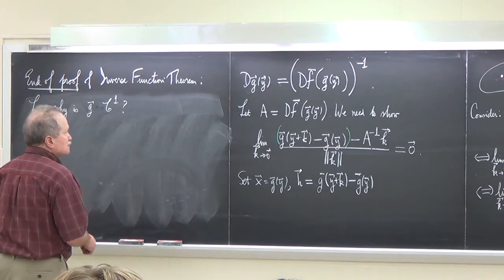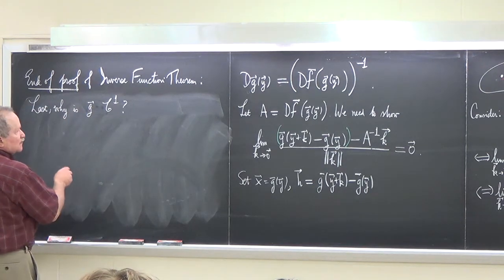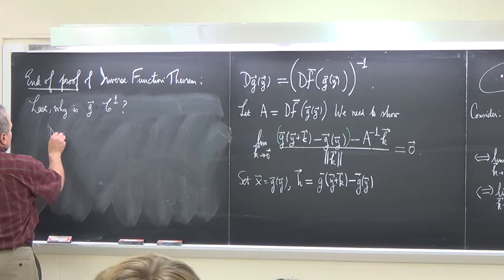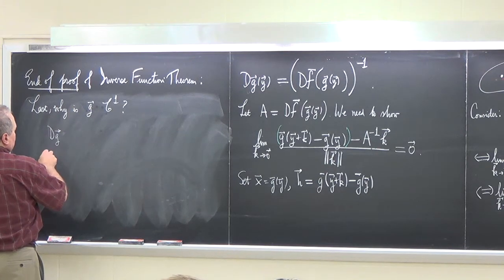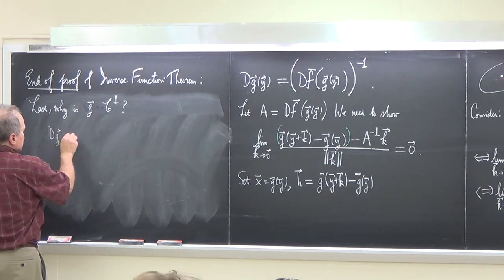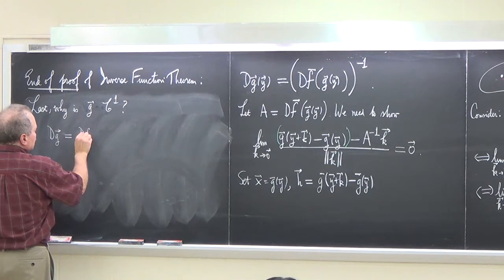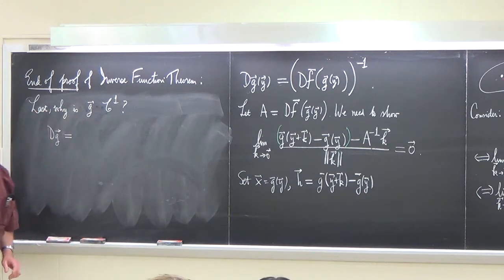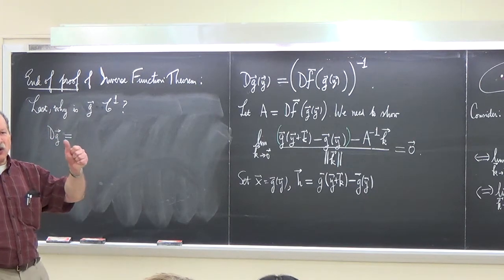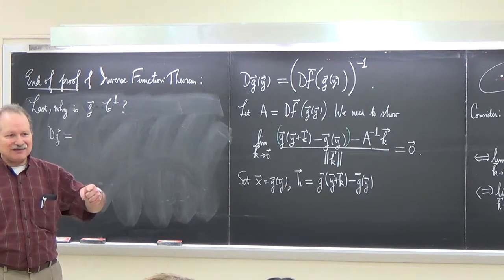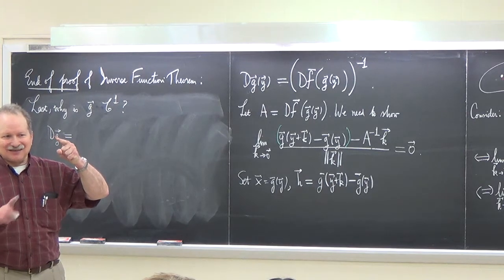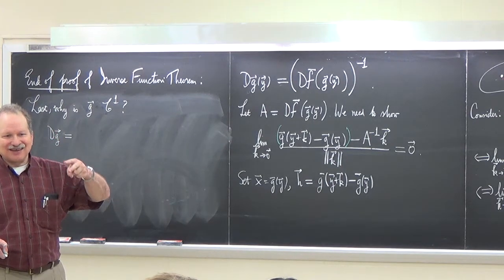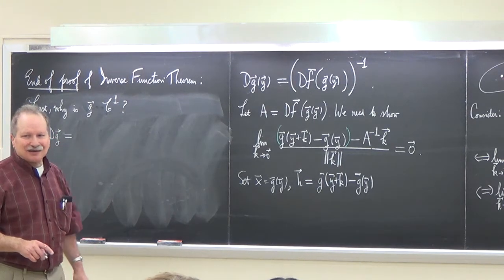So we knew g is. So dg is a composition of how many functions here? You start with a y, you first do g, then you do df, and then you do the inverse.